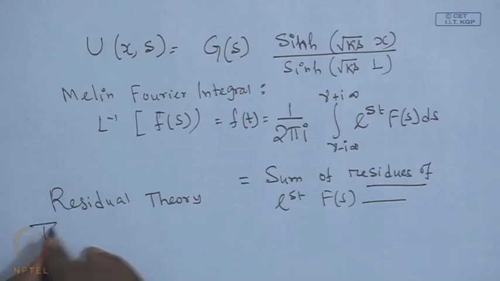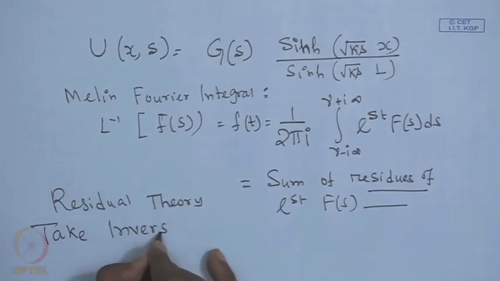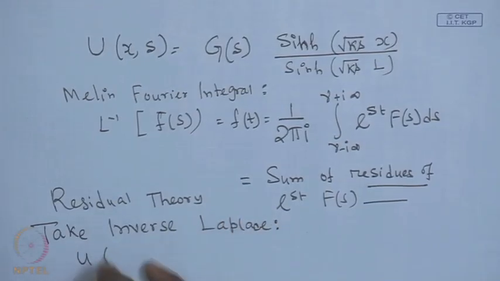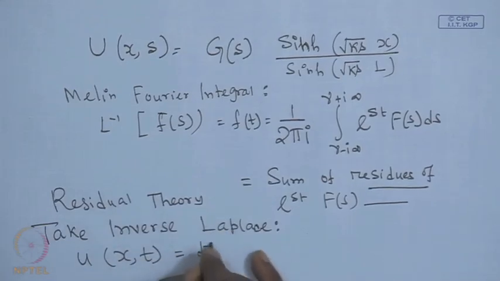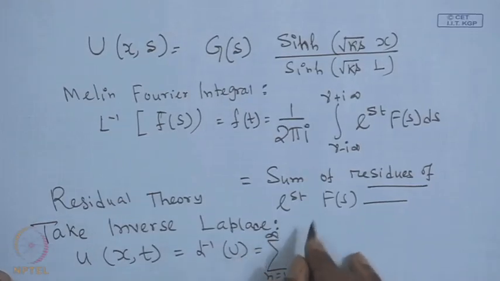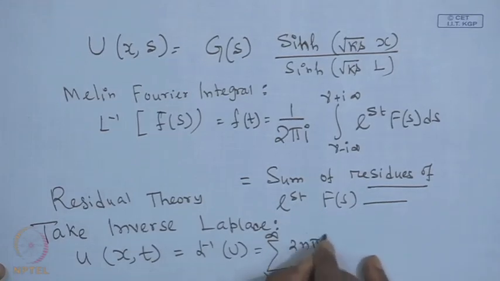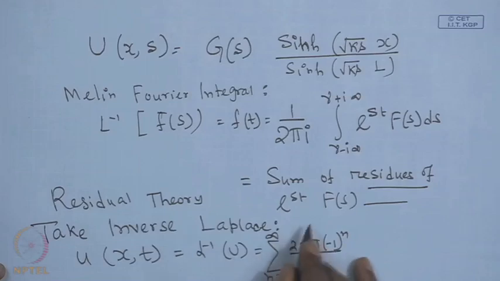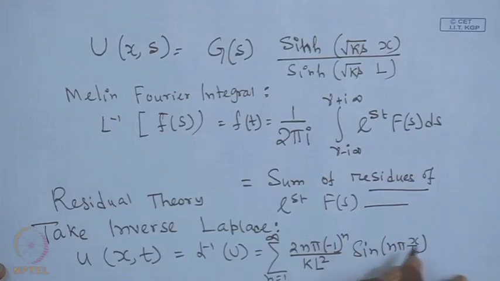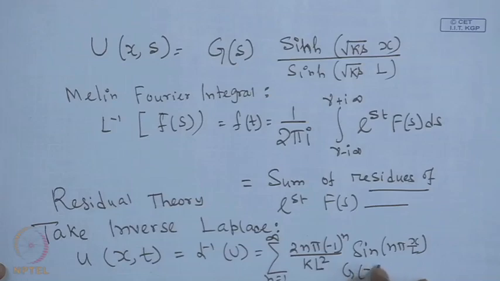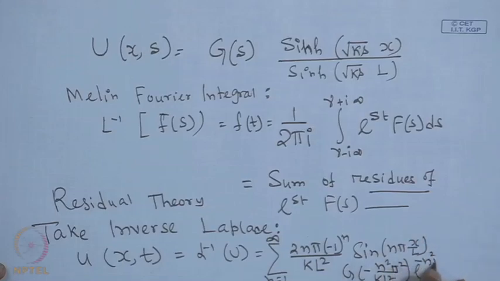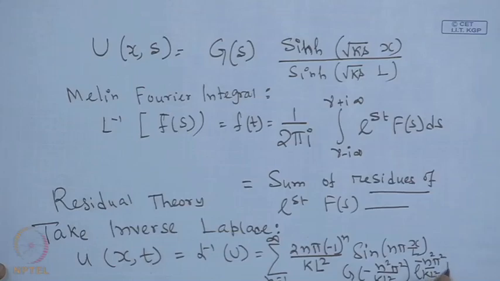So, we can take the inverse Laplace and we can get u as a function of x and t as Laplace inverse of U, and that will be the summation of n equal to 1 to infinity of 2 n pi minus 1 raised to the power n divided by k L square, sin n pi x by L, G of minus n square pi square over k L square, e to the power minus n square pi square over k L square times t.